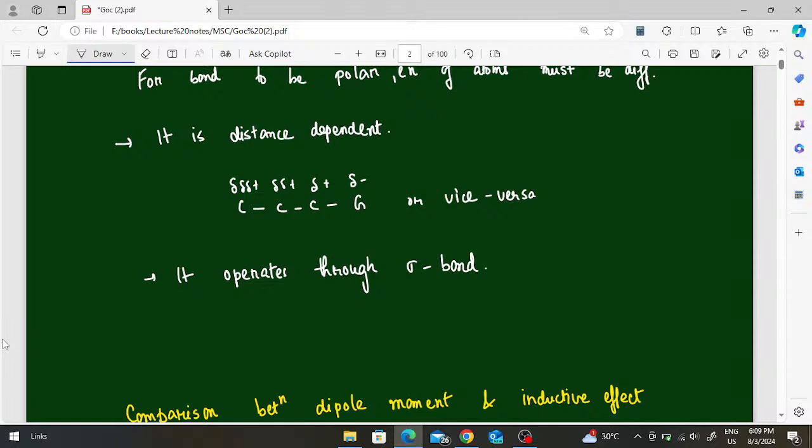Another thing I would like to talk about is that people often confuse inductive effect with what we call dipole moment.